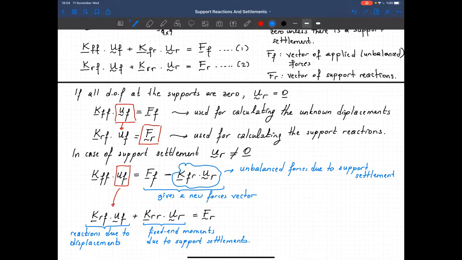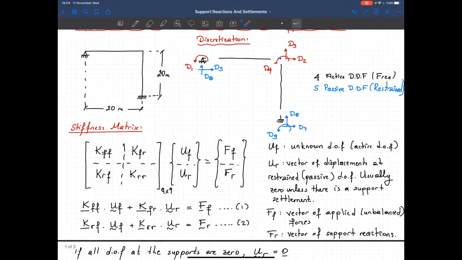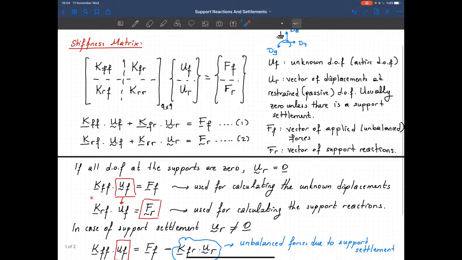Okay, so basically what we learned here is, if we do full assembly, first number the active degrees of freedom and then the inactive ones. Do the full assembly, you'll get a full stiffness matrix where you have all the coefficients that you need. Then partition it. So this part is the classical stiffness matrix that we use to calculate the unknown displacements. So use this equation if you don't have any support settlements.